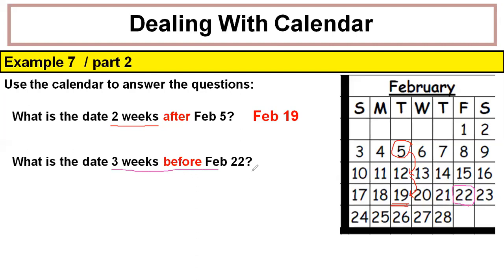So 3 weeks before February 22, this is 1 week back, 2 weeks back, 3 weeks back. One week back is 15 February. Two weeks back is 8 February. Three weeks back is 1 February. So the date is going to be February 1.